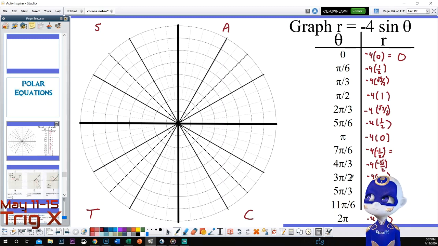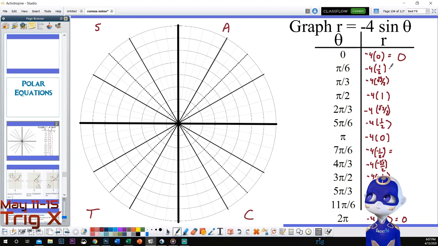This is the same as pi over 2, so that's going to give me 1. This is the same as pi over 3 again. Pi over 3 is the same as square root of 3 over 2. This is the same as pi over 6, but negative again, so it's 1/2. And then 2 pi is the same thing as 0, so I'm just going to put a 0 here. So 2 pi and 0 should give me the same answer.